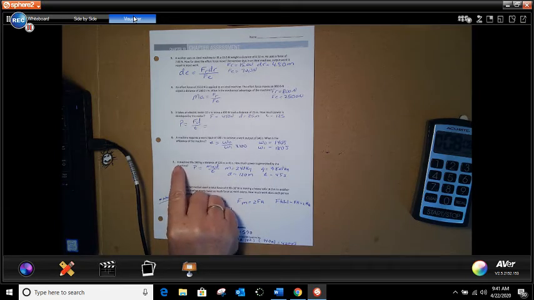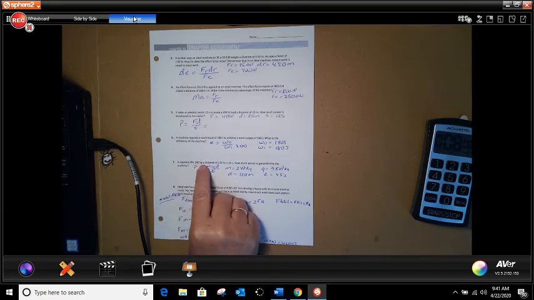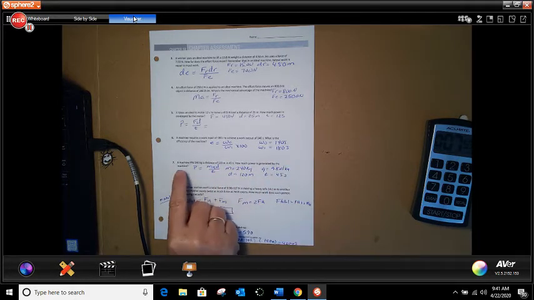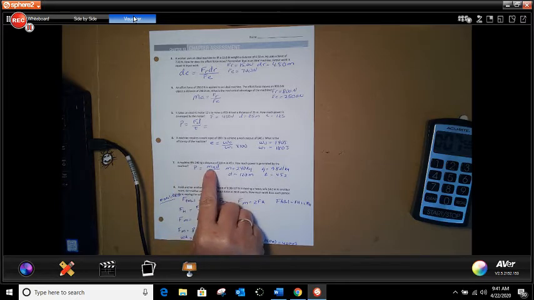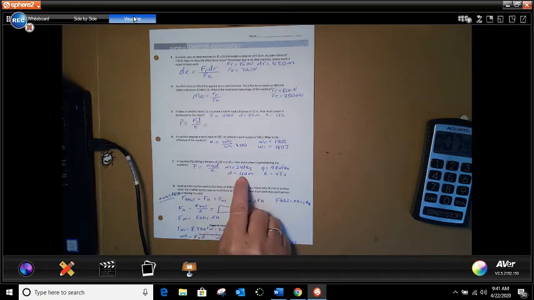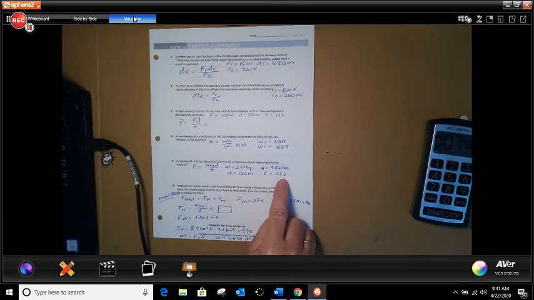Number 7, a machine lifts 240 kilograms a distance of 120 meters in 45 seconds. How much power is generated by the machine? So we're going to take our mass, which is 240, times our gravity, which is 9.8, times our distance, which is 120 meters, divided by 45 seconds.